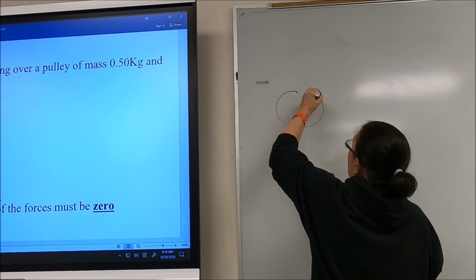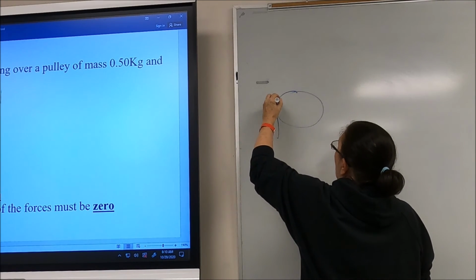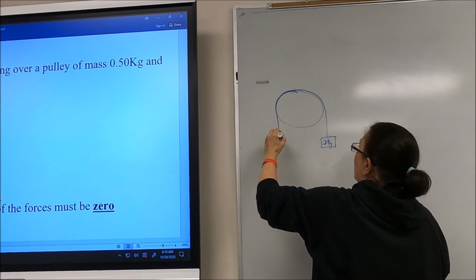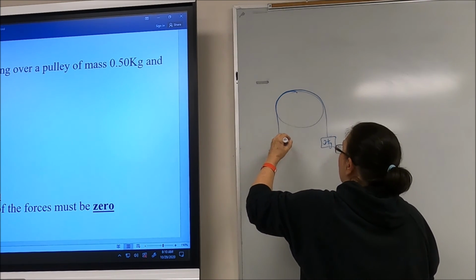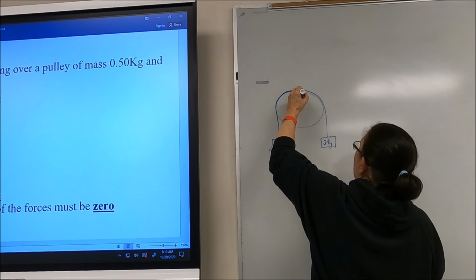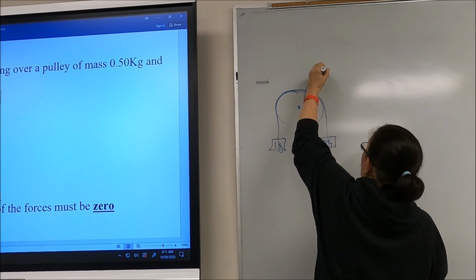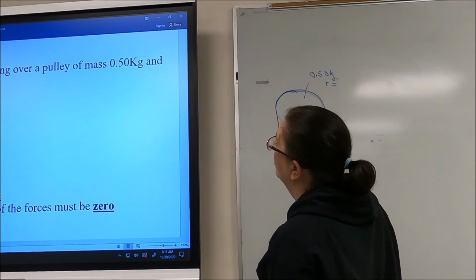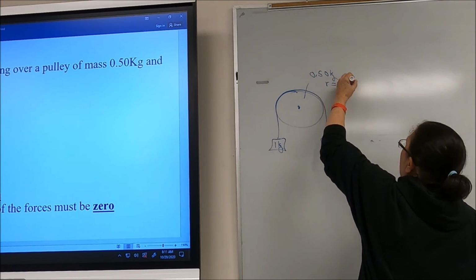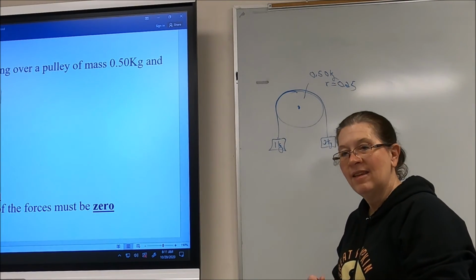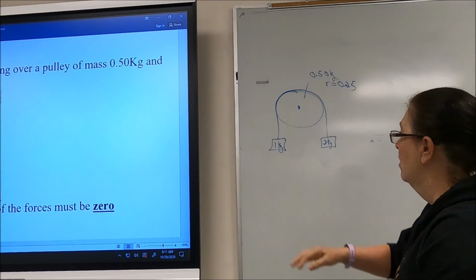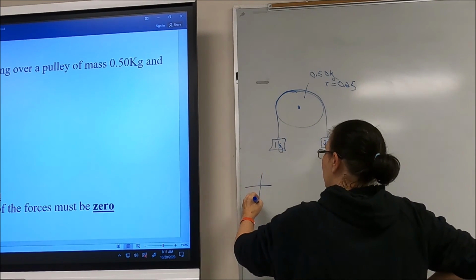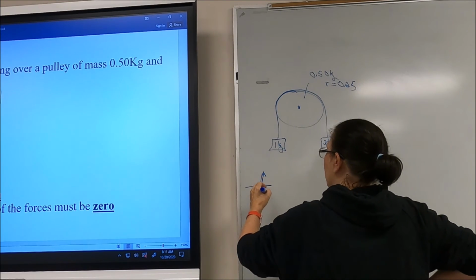So I've got a pulley here, and I have a rope going over the pulley, 3 kilograms over here, 1 kilogram here, and this is a 0.50 kilogram pulley, and it's got a radius of 0.25. Now guys, this is a 3-object system now. I've got the 2 hanging masses and the pulley.